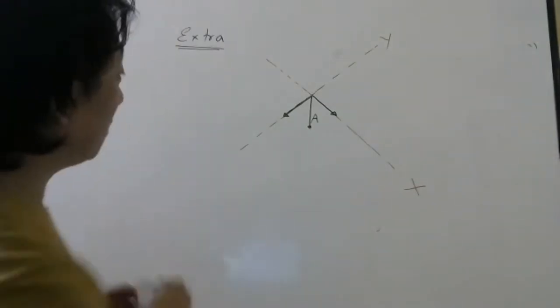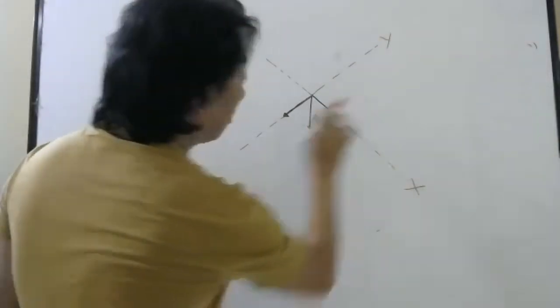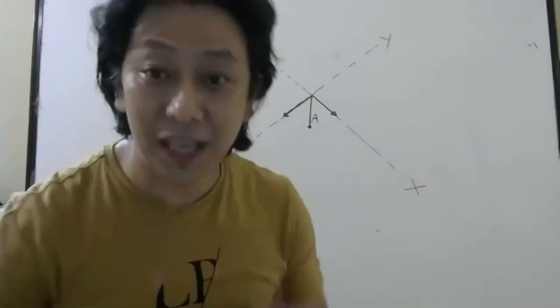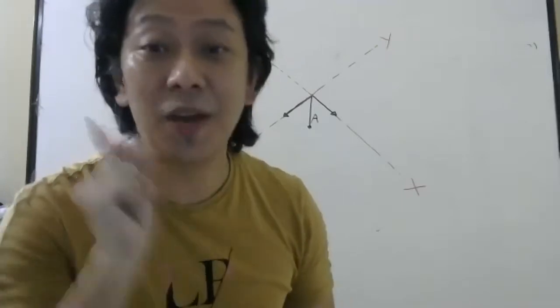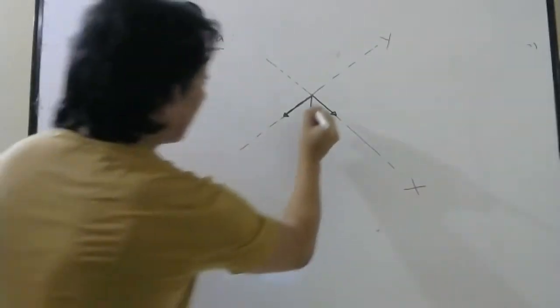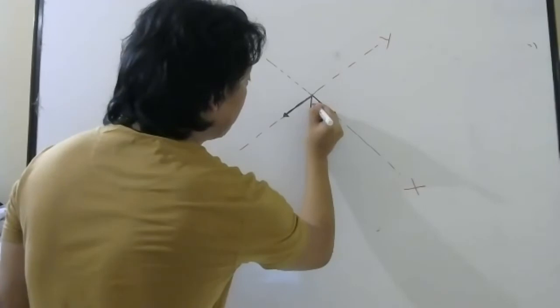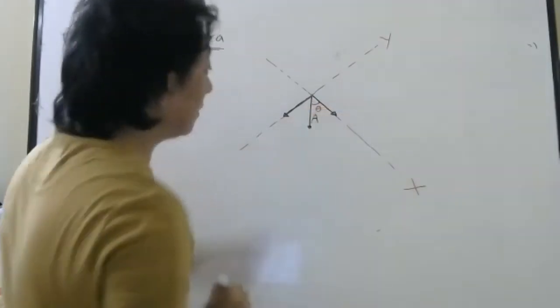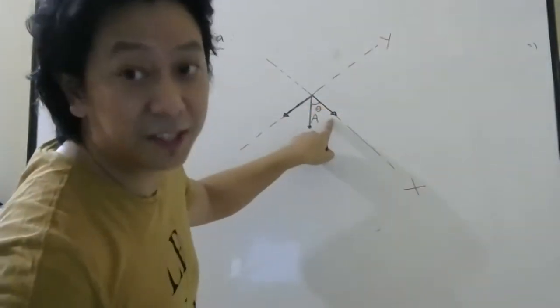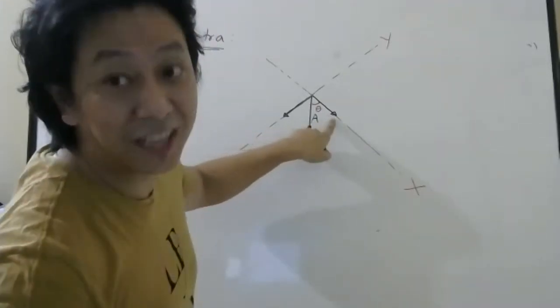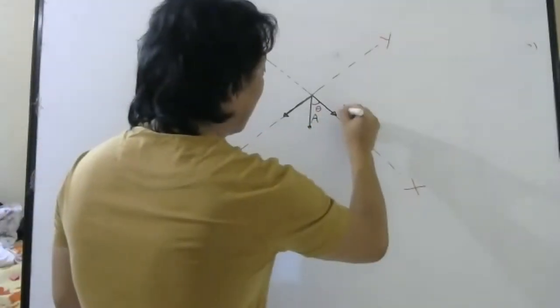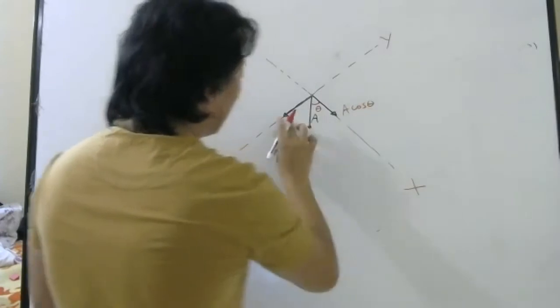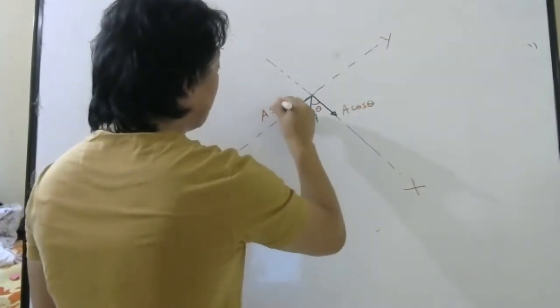Now, if this is your A, one component you know will be A cos theta. The other component will be A sin theta. Which one will be cos depends on the angle, where I write the angle. If I write the angle here, then this is my adjacent component. So this will be A cos theta and this will be A sin theta.